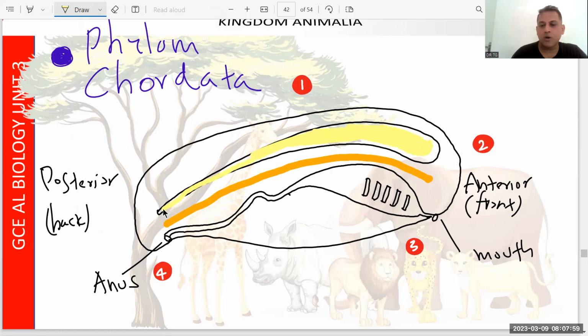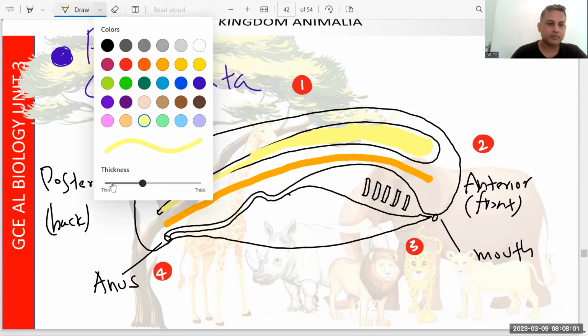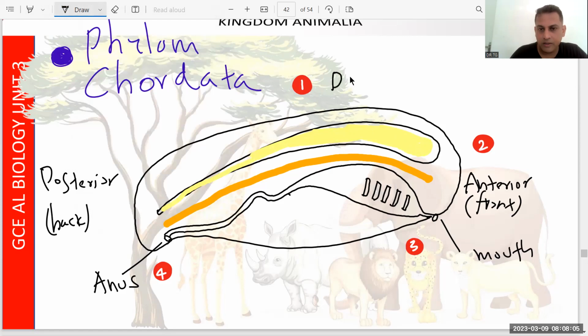This one is called the dorsal nerve cord. Dorsal is the top side of the body. The bottom side of the body is called the ventral. Dorsal nerve cord is the first feature.